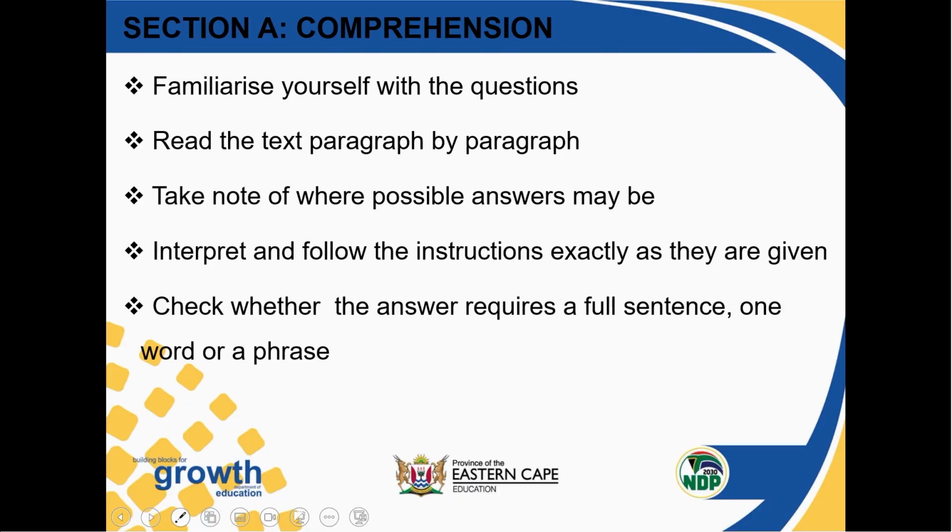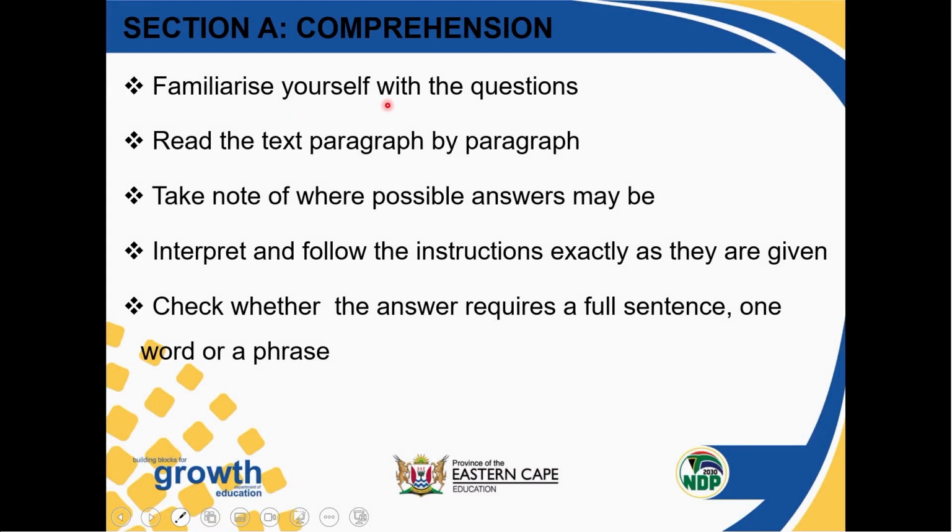Okay, so now let's look at Section A. In Section A, what you need to do first is to familiarize yourself with the questions. So after you have been given the question paper, you'll be given some minutes to go through the paper. So make sure that you just scan and skim through the text. Right. Okay, so now let's dive into what is expected in Section A. Your Section A, as I said, is the comprehension.